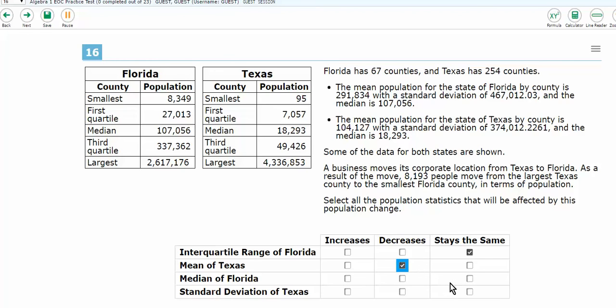The median for Florida stayed the same because only the minimum was shifted to the right by the increment. And the standard deviation, the spread of the data from the mean, decreased in Texas because the maximum was shifted to the left. And that reduced the spread or deviation of your data set.